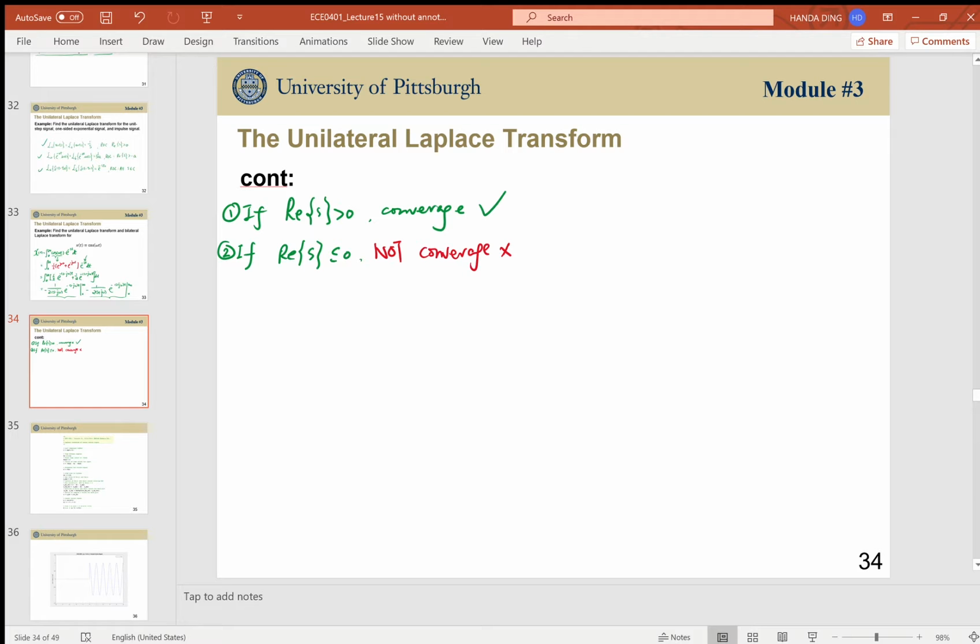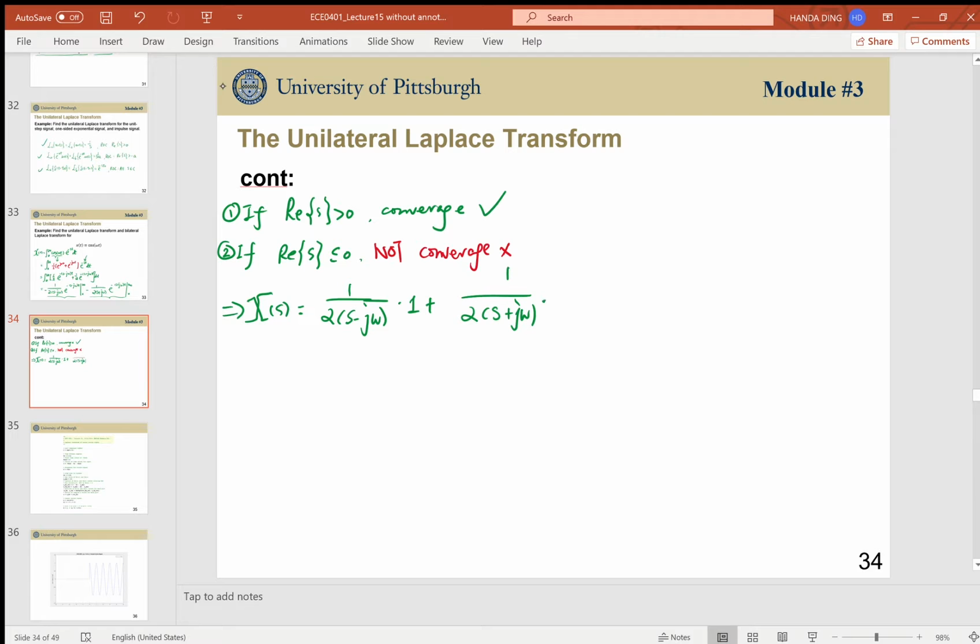So what is the final solution for the unilateral? It's nothing more than, basically, converging to 1.